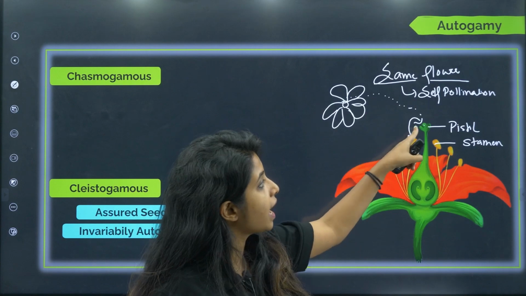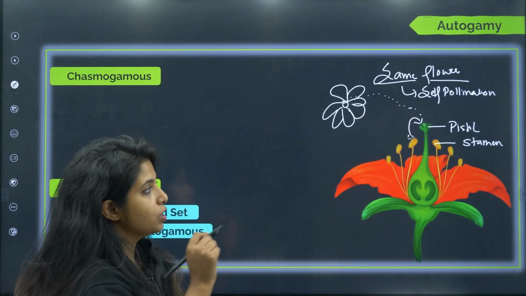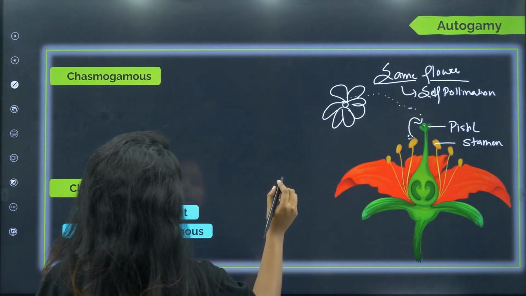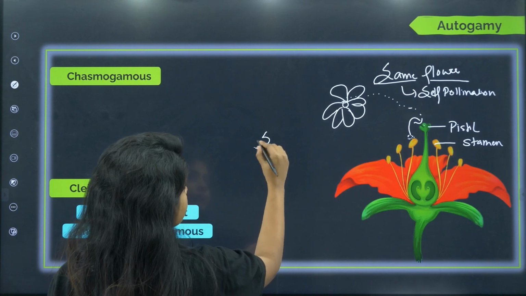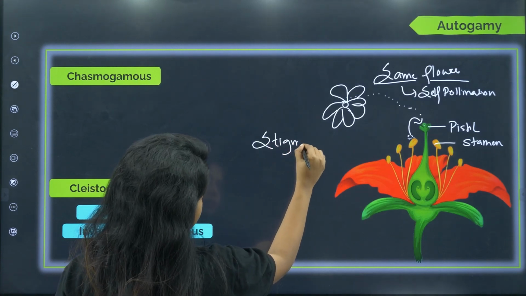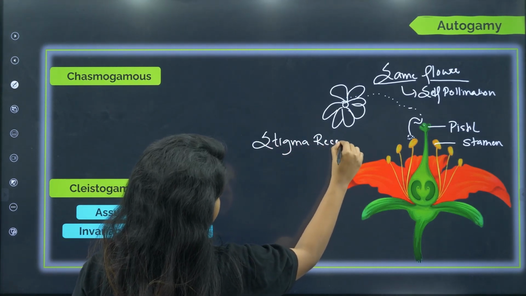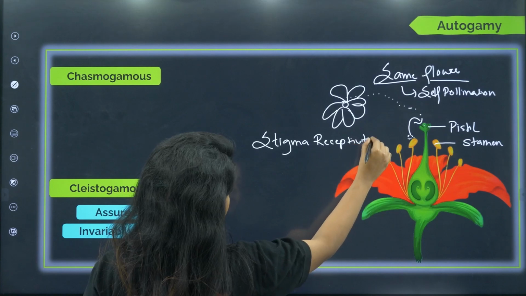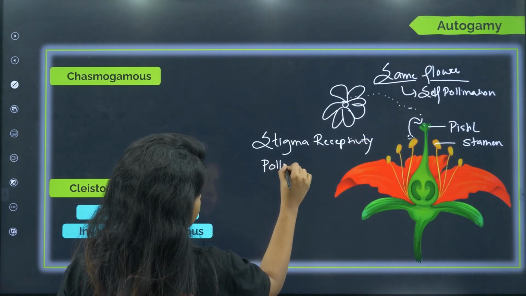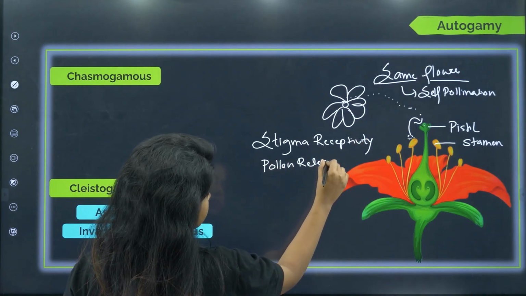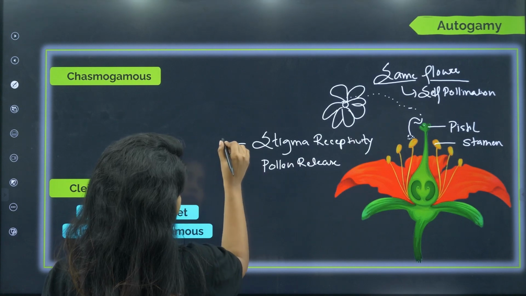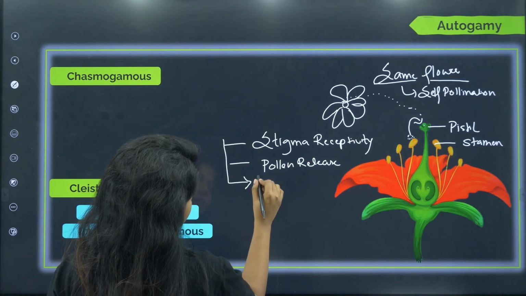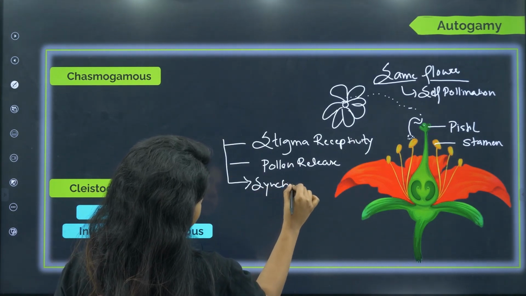Pollen release and stigma receptivity is a must. So, what do we need? That is the first criterion that we have. We will write it over here. Stigma receptivity and pollen release, both of them have to be synchronized.